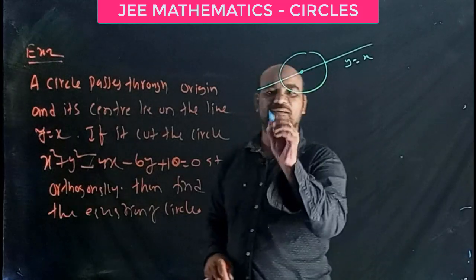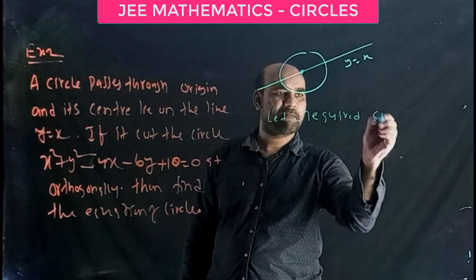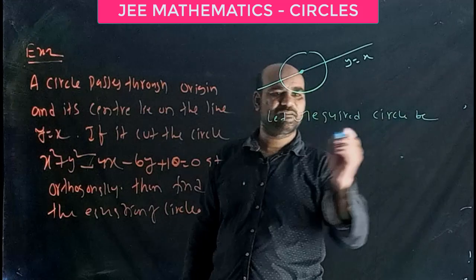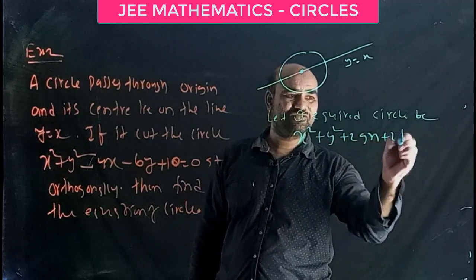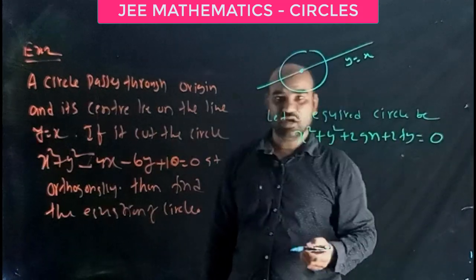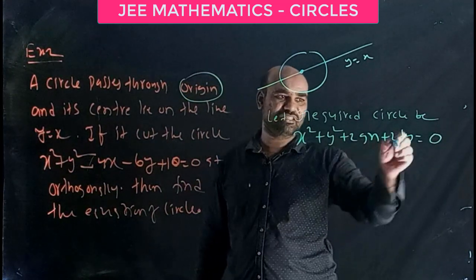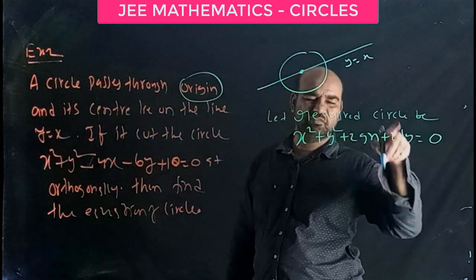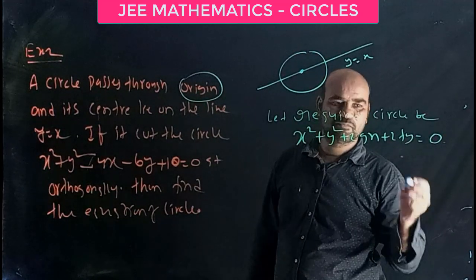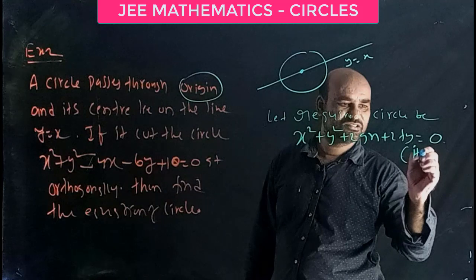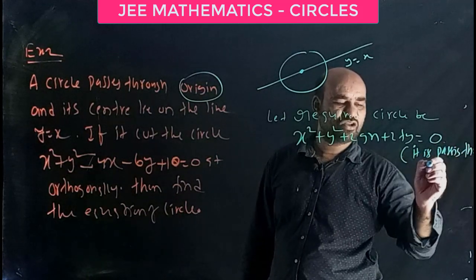Assume the required circle be x square plus y square plus 2gx plus 2fy plus c equal to 0. It passes through origin (0, 0), then we will get c equal to 0 only, so there is no constant.